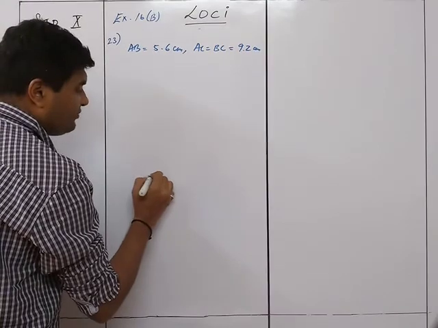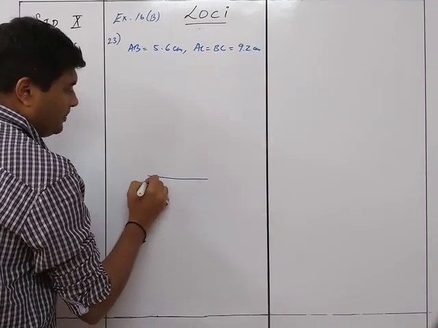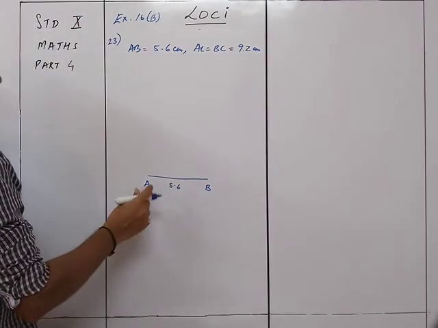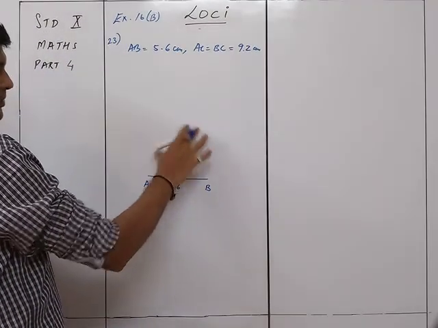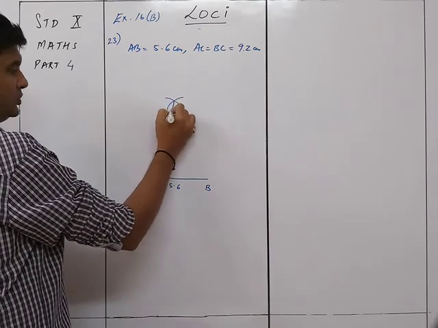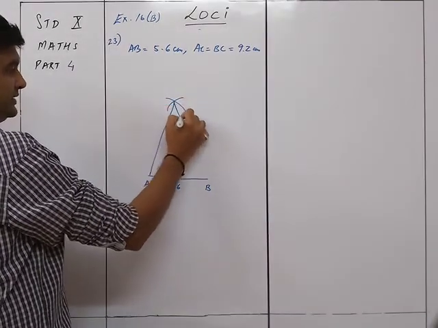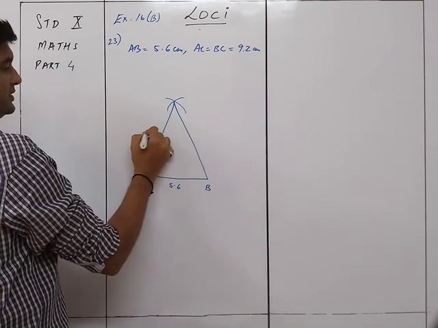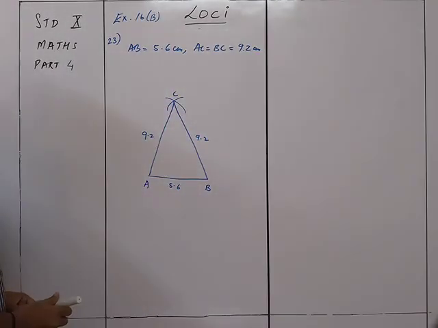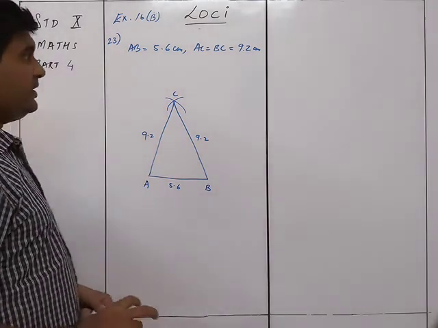We will have 5.6 as the base, because it is an isosceles triangle, so we will take it that way. 5.6, and then 9.2: you take an arc from here and an arc from here, so you are going to get arcs like this, and you join them as AC and BC. This is 9.2, this is 9.2, this is C. This is your required triangle ABC.